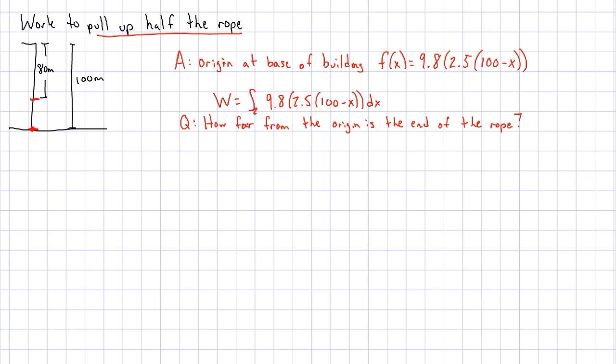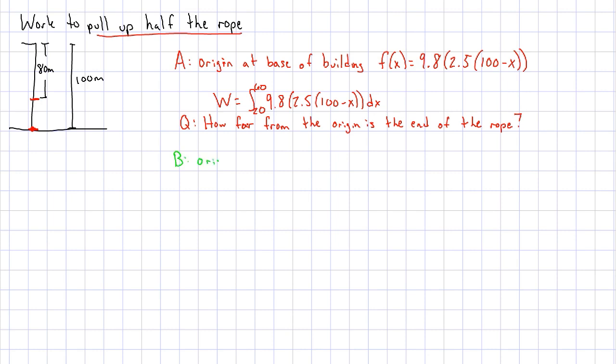So I'll start with 20. When they finish pulling half, so the rope is 80 meters, that means they're going to be pulling 40 meters of rope. When they finish the pull, how far is the end of the rope from the origin, from my point of reference? Well, it's 40 meters higher, so it's going to be 60. So those are the limits of integration when the origin is at the base of the building.